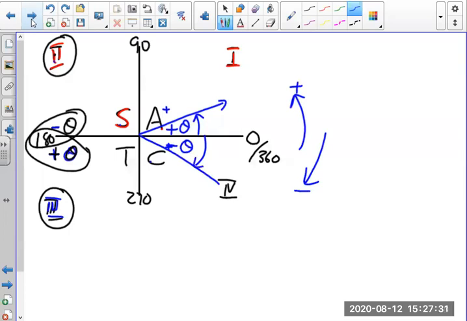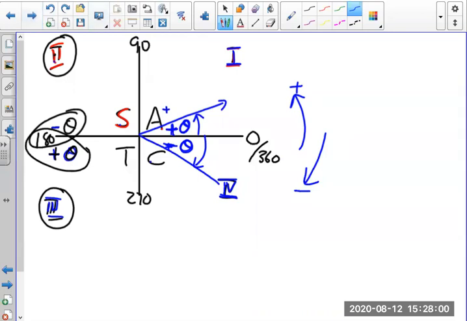So cos has the same value in the first quadrant and in the fourth quadrant, plus theta and minus theta, because cos is positive in the first and the fourth quadrants. Okay, so that's how you can remember it.